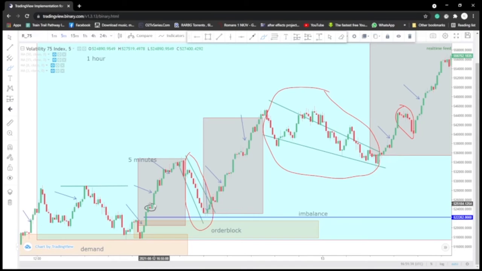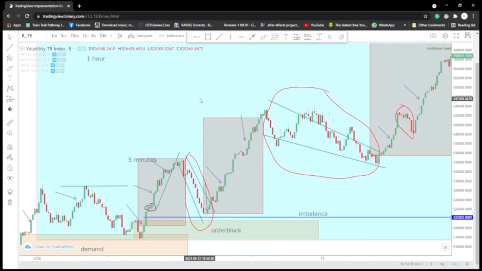So guys, after this the market rallied up with the levels. Remember that, with the levels, it rallied up, and then it did the reset again. It came back to the imbalance and the order block.